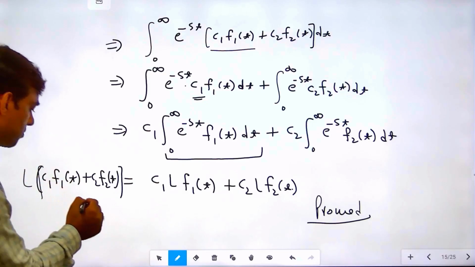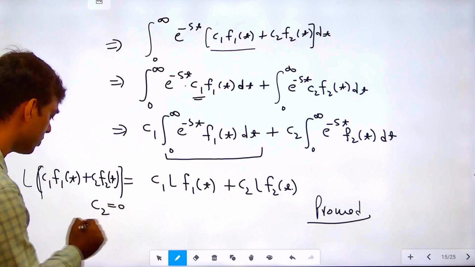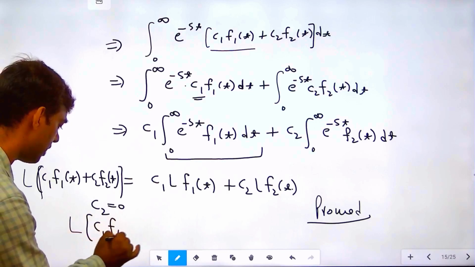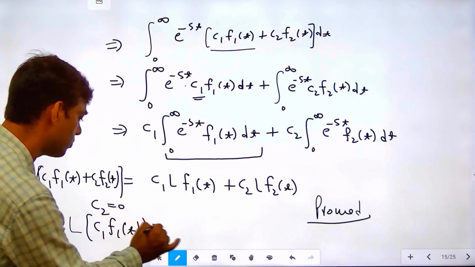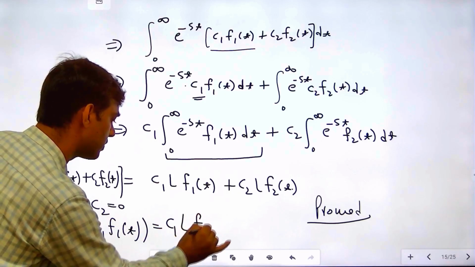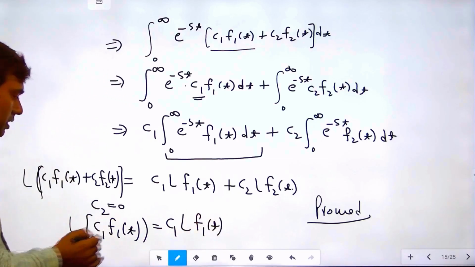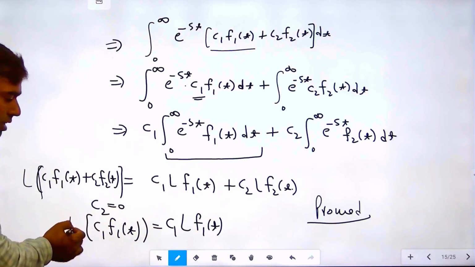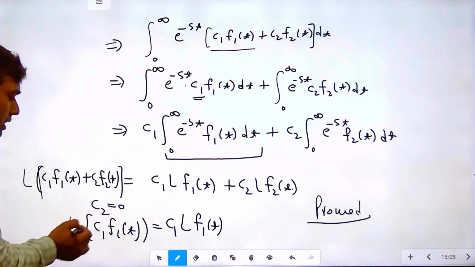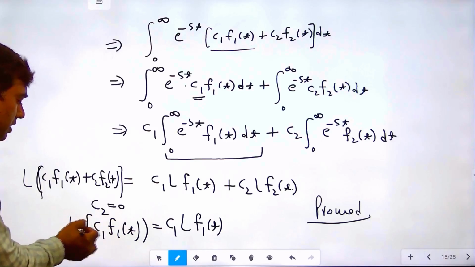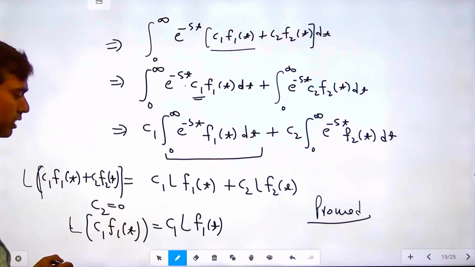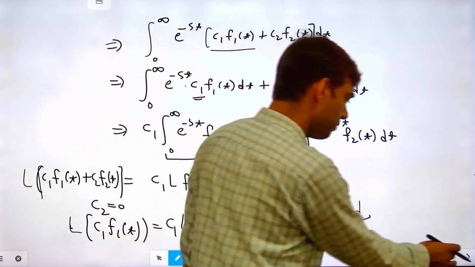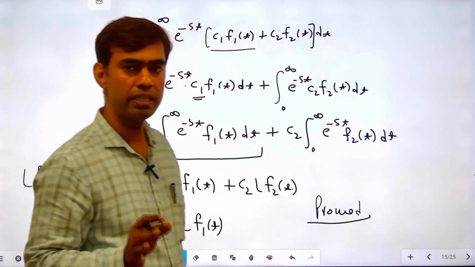In the particular case where c2 equals 0, Laplace transform of c1 f1(t) equals c1 times the Laplace transform of f1(t). That means c1 comes outside the Laplace operator using the linearity property. Now we solve one numerical example based on the linearity property.